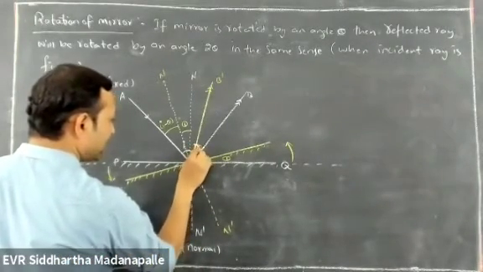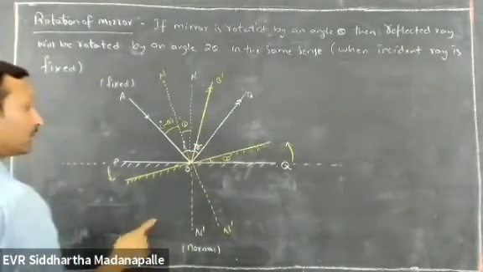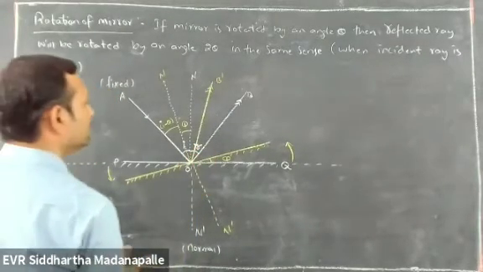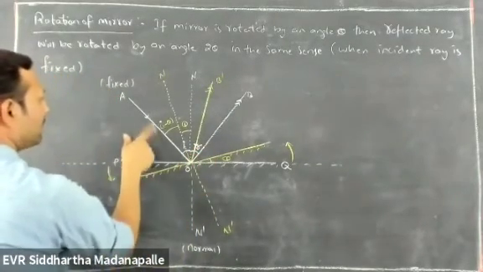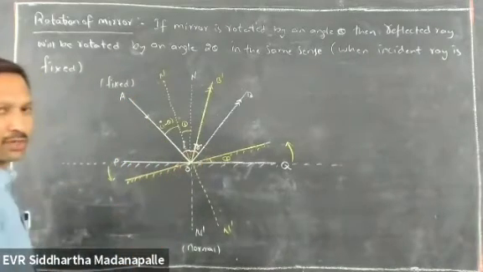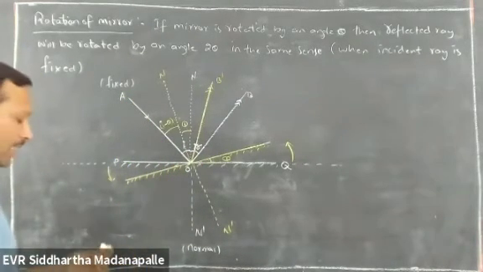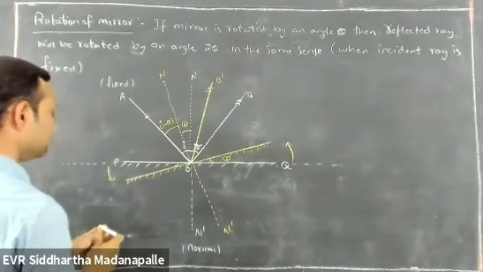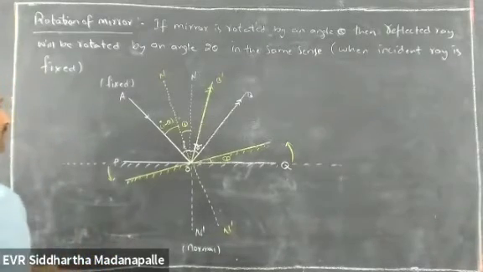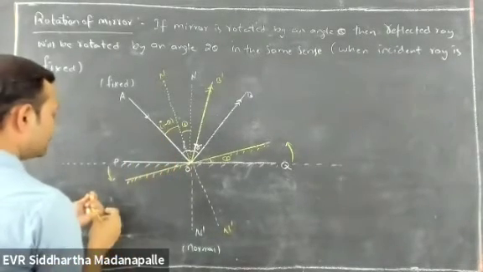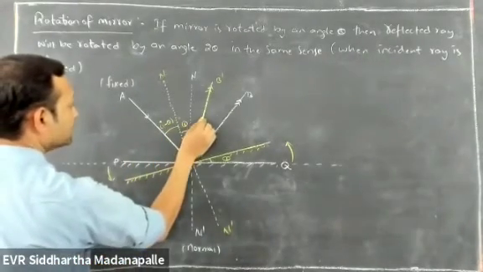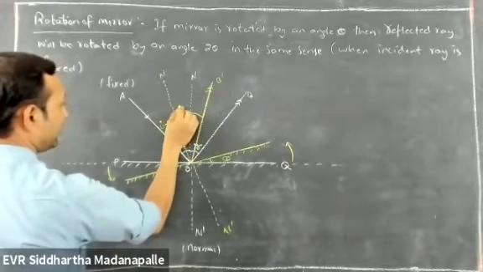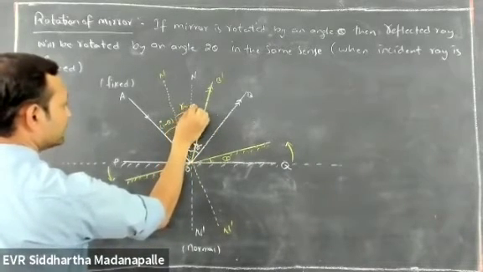If R is the angle of reflection before rotating the mirror, then what is the new angle of reflection? Whatever the angle of incidence is, according to the laws of reflection, the angle of reflection will be the same, meaning I minus theta, or else we can write it as R minus theta. So this is R minus theta.